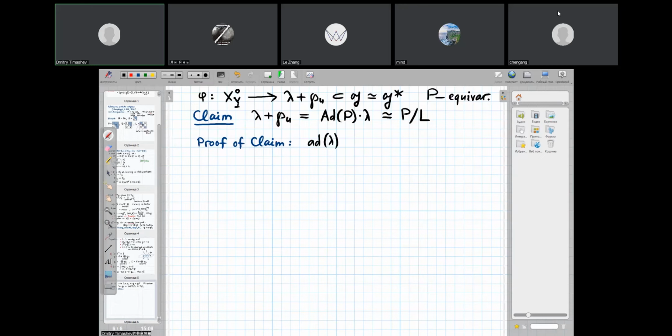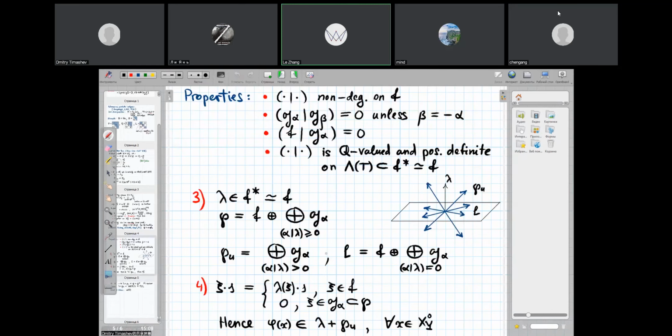I still don't understand why the image of phi lies in this affine subspace. Well, this follows from this formula and from this formula for inner products.